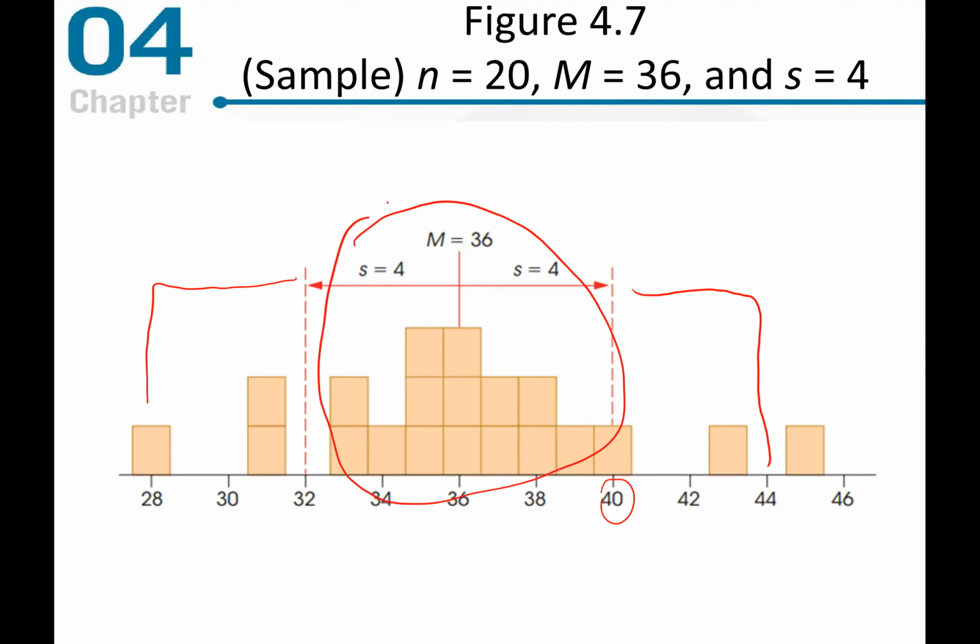So 70% of our scores are going to be within 1 standard deviation, either above or below the mean. And 95% of our scores are going to be within 2 standard deviations of the mean.